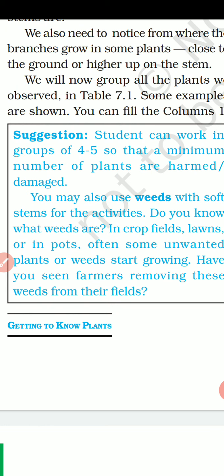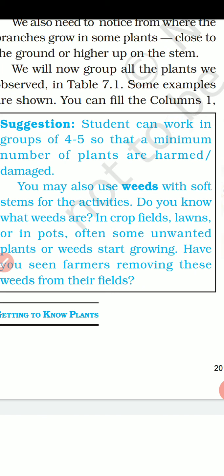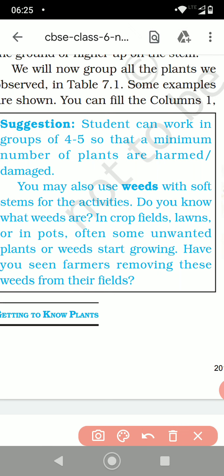Weeds are unwanted plants which we don't want. Okay, do you know what weeds are? Yes, unwanted plants. So this is the definition. In crop fields, lawns, in pots, often some unwanted plants and weeds start growing.